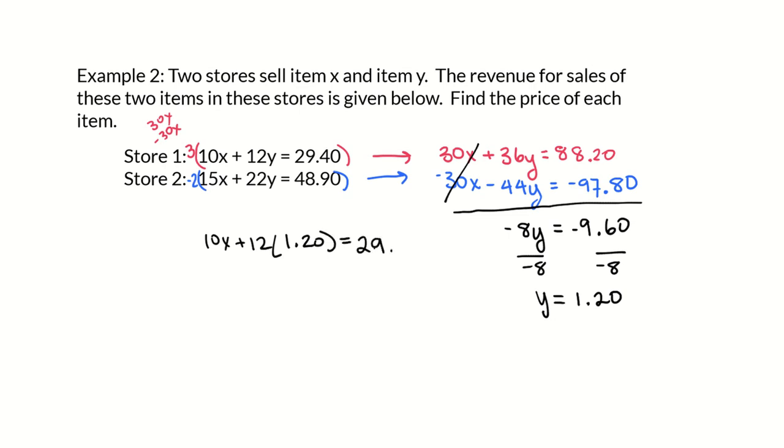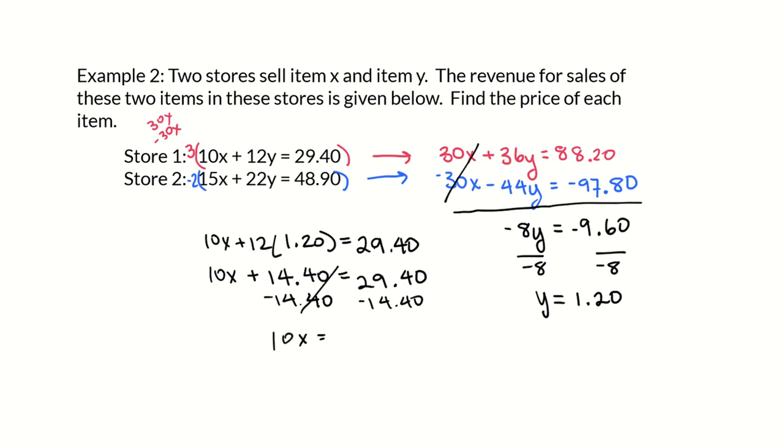Which would be 10x plus 1440 equals 2940. Solve for x. We get 10x equals 1500, and then divide by 10 to get that x is equal to 150.